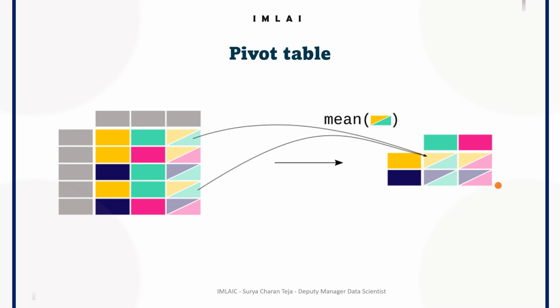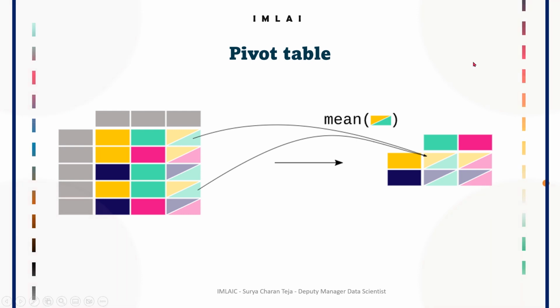So let's do one example for the pivot so that it will be much clear. What example we're going to do is, I want the mean concentrations for NO2 and PM 2.5 in each of the stations in table form. So for example, if you take this series, this consists of two categories, one is NO2 category, you can see that's red, yellow and green, and you have another category which is yellow and pink.